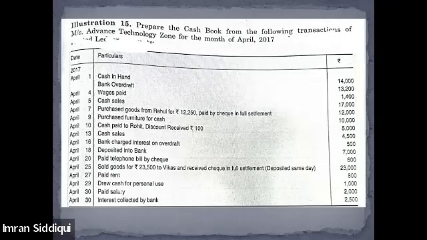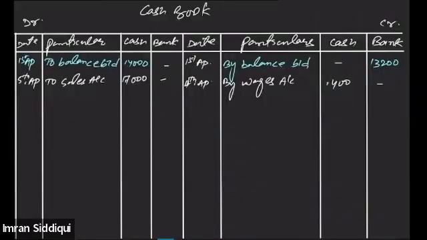However, we purchased goods of 12,250, but the reduction in the bank balance will only be to the extent of 12,000. So it will be recorded on the credit side on 7th of April by purchase account, right? And 12,000 in the bank column. Got it? Is this clear, everybody?